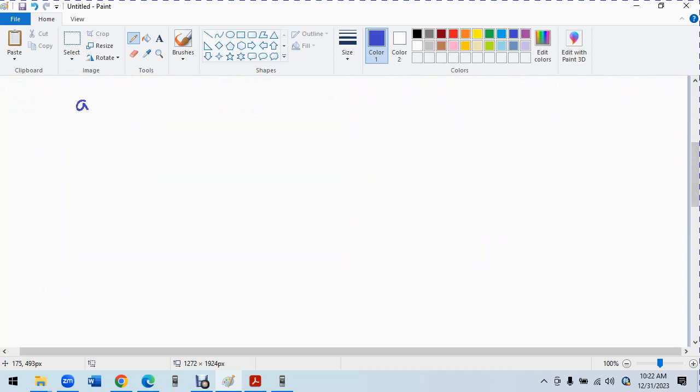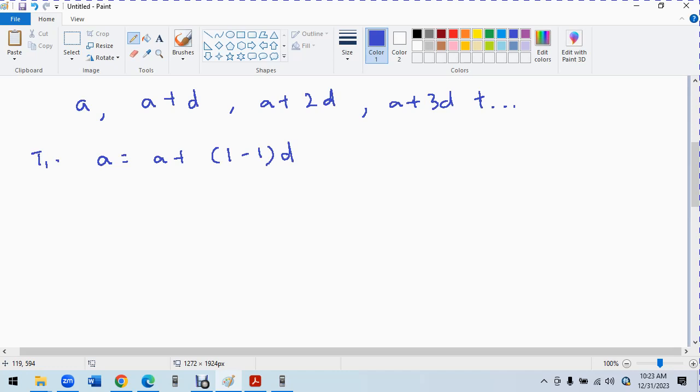So we have a as the first term. Then the next term is a plus d. Then we add d again, which is a plus 2d. And then a plus 3d and so on. So a is actually a plus 1 minus 1 times d. This is the first term. The second term is a plus d, that is a plus 2 minus 1 times d.